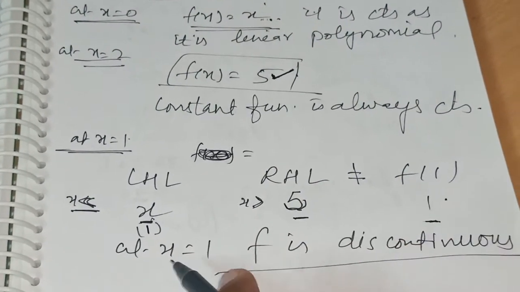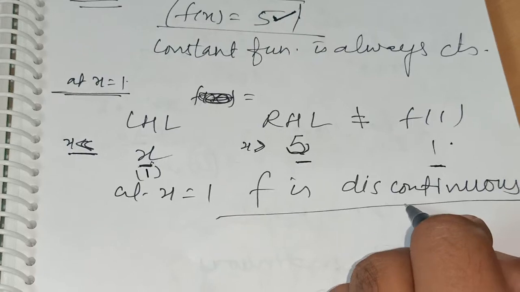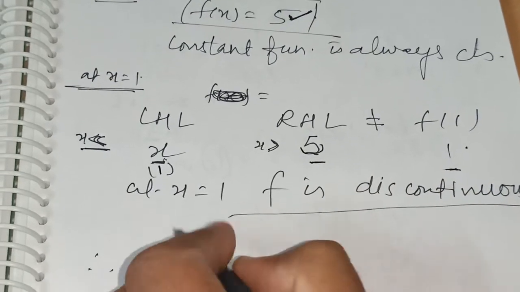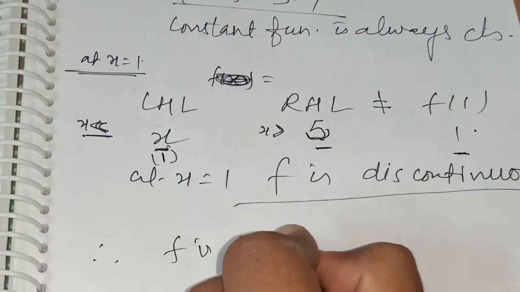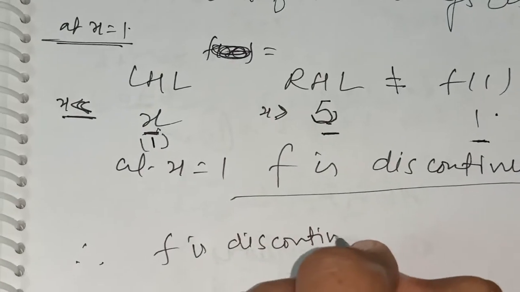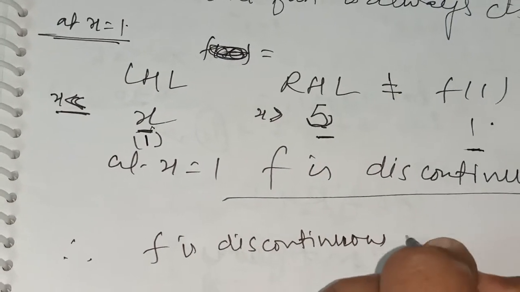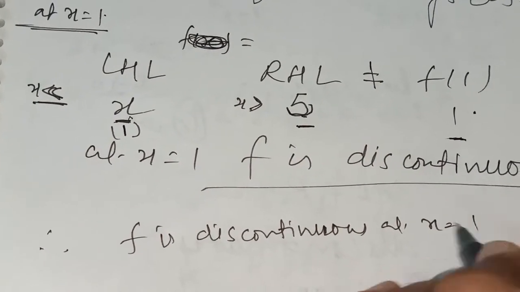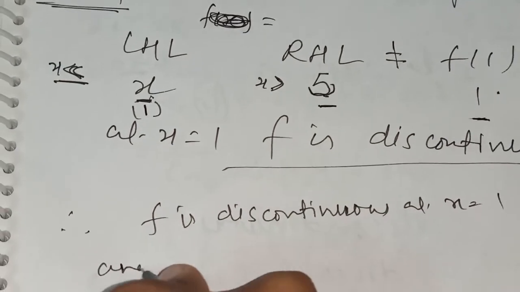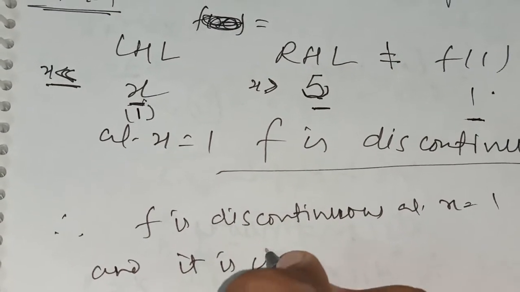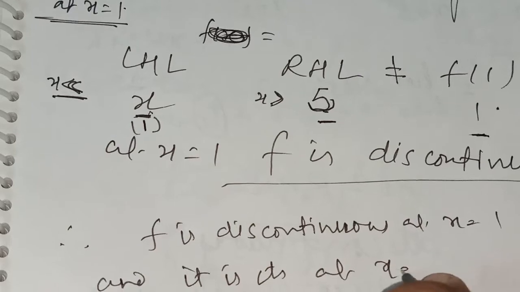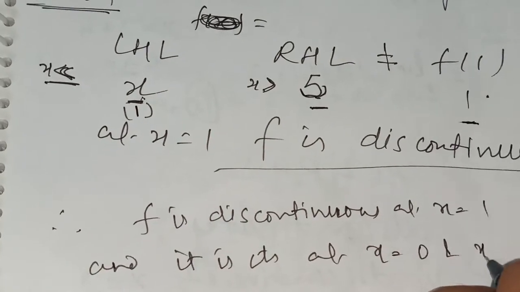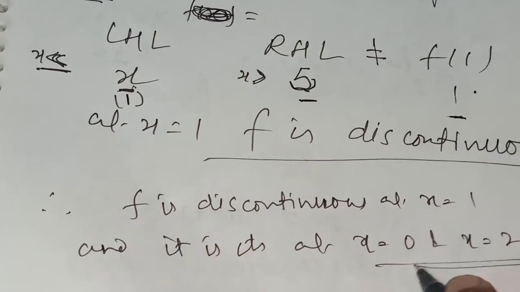What does it mean? It means the function is discontinuous. So we can say f is discontinuous at x equal to 1 and it is continuous at x equal to 0 and at x equal to 2. Okay.